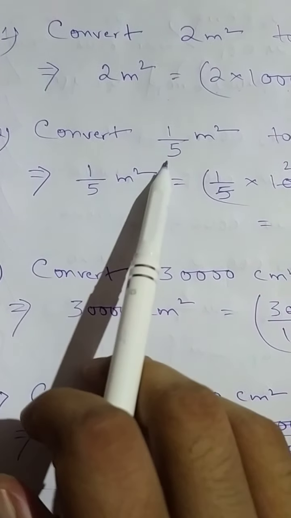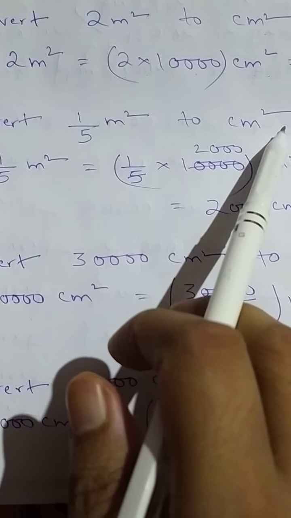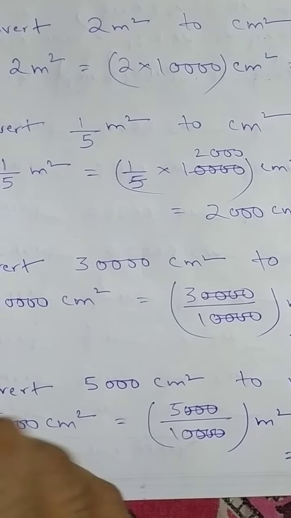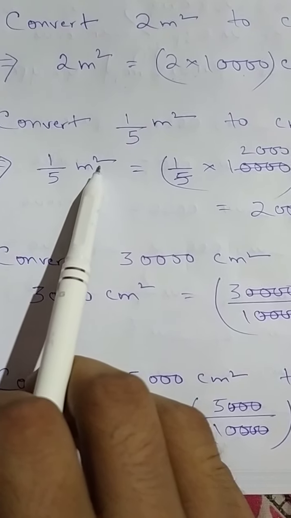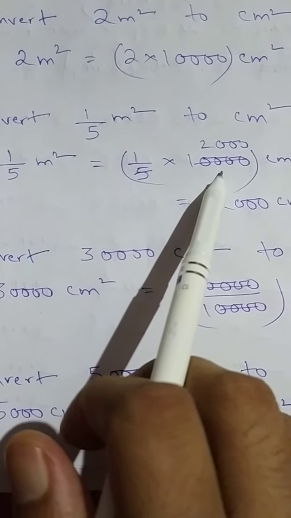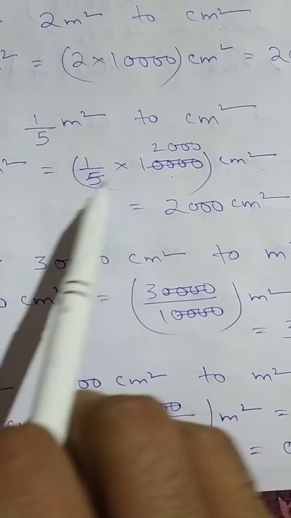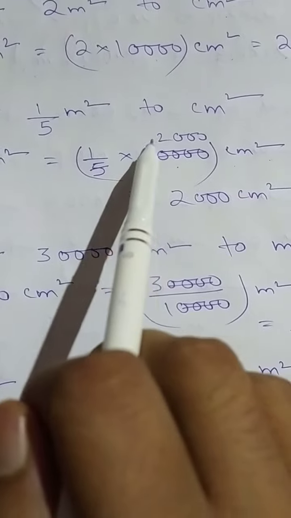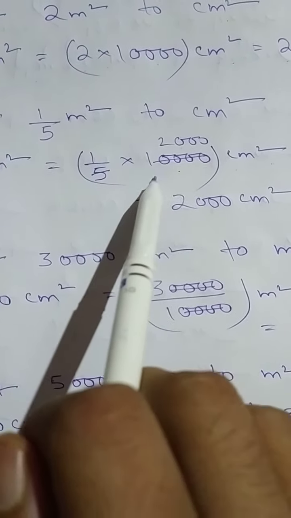Convert 1 by 5 meters square to centimeters square. Again, same thing. 1 by 5 meters square equals 1 by 5 into 10,000 centimeters square. Now here you can cancel: 5 ones are 5 and 5 twos are 10,000.